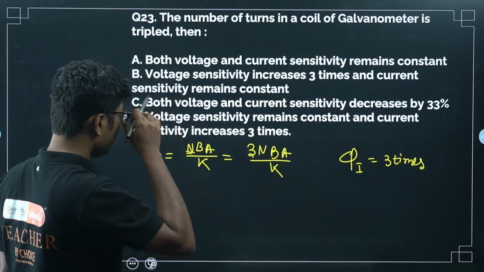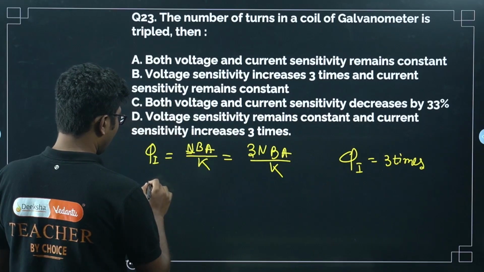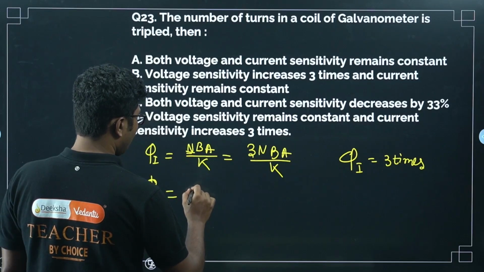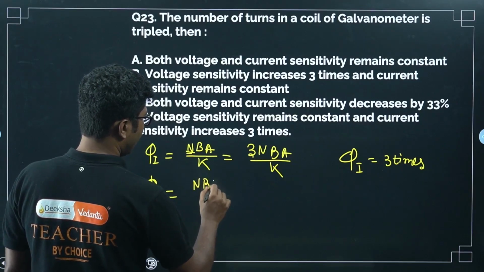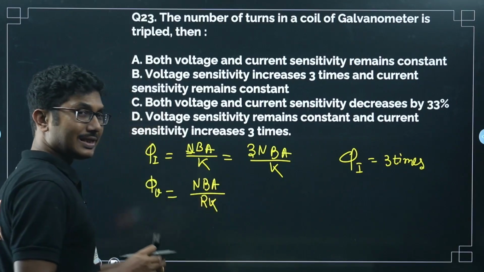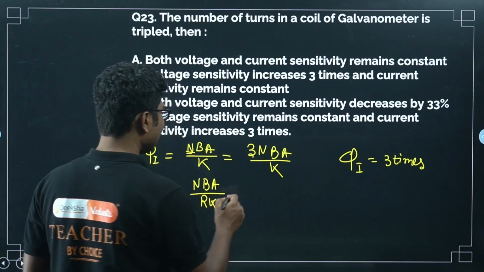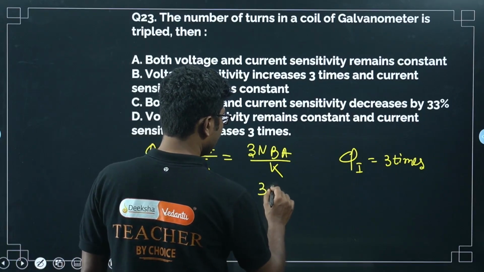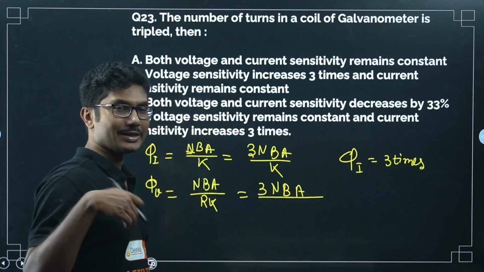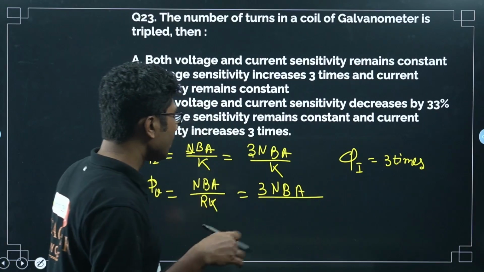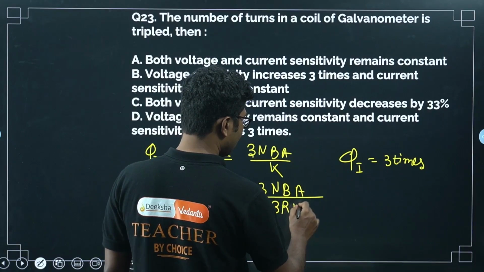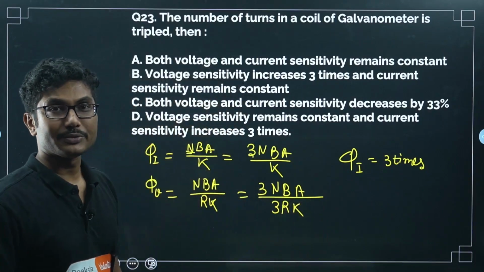Now, voltage sensitivity is NBA by RK. If you increase the number of turns 3 times, not only is the number of turns increasing, you are increasing the length of the wire also. If you increase the length of the wire, your resistance will also increase, right? So, resistance will also become 3 times.